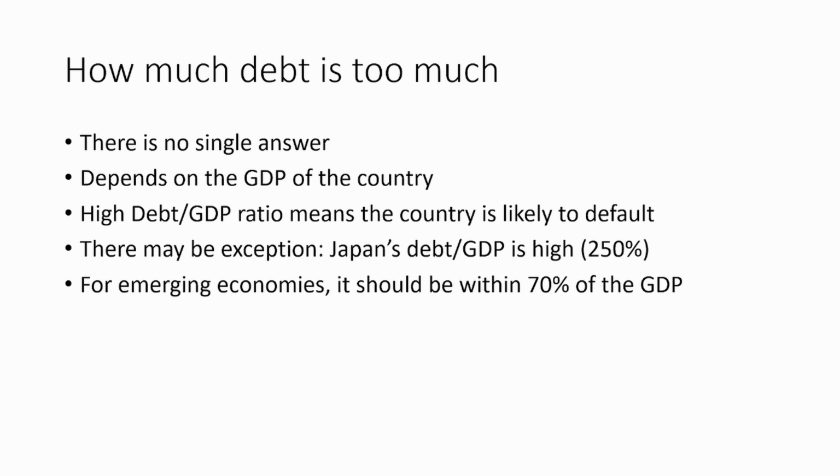It doesn't pose a threat to the economy within Japan but also outside. But for an emerging economy, the debt to GDP ratio should not cross 100%, but preferably should be within 70% of the GDP. If that is the case, it's even better.